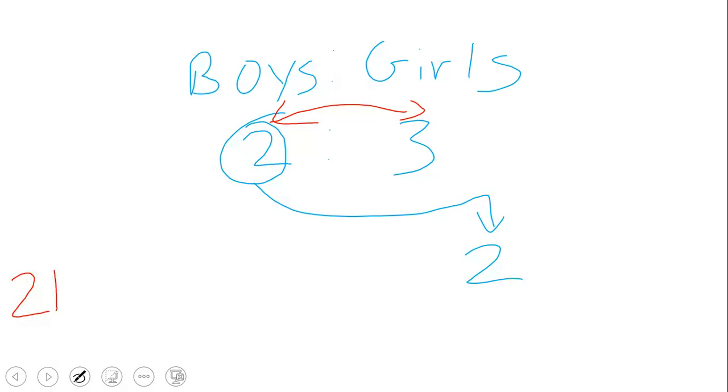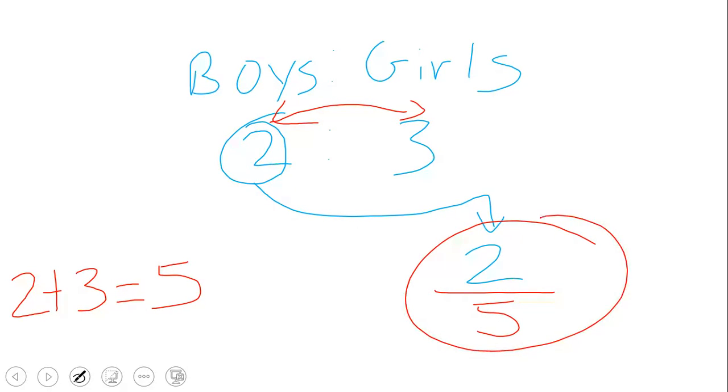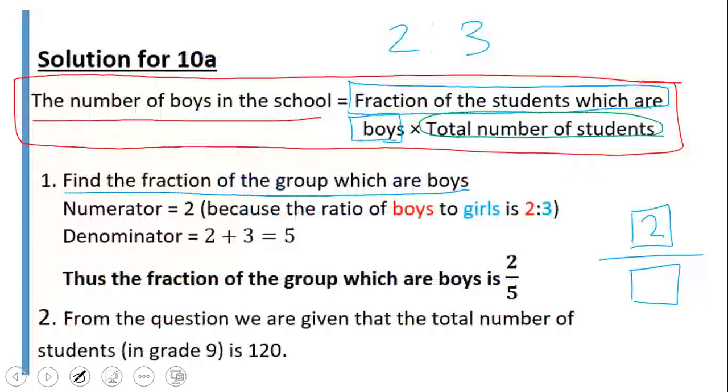So we have 2 plus 3. That is going to be the denominator of our fraction. 2 plus 3 is 5, and 5 is the denominator of our fraction. So the fraction of the group which are boys is 2 over 5.